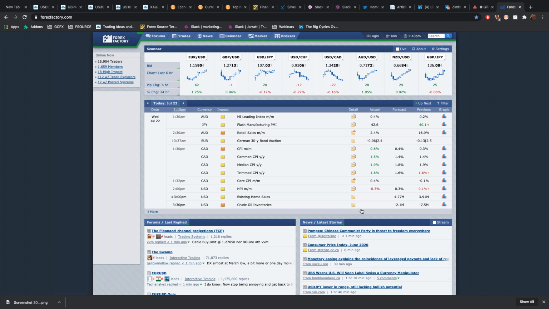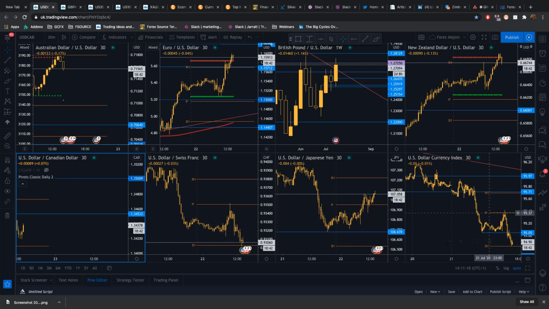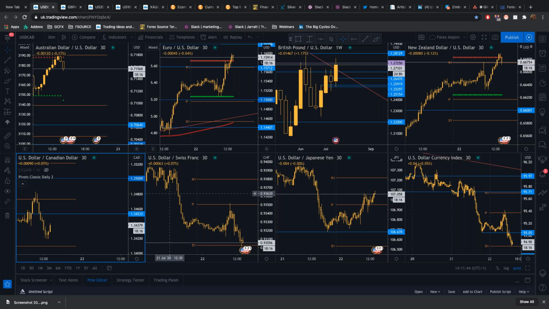Because we've got dollar weakness in the market at the moment, we only want to be trading the US dollar CAD if we get something that is bullish for the Canadian dollar. The bullish news for the Canadian dollar will be a draw in inventories. A minus 4 million, that kind of level, or even greater, minus 5, minus 6 million, will be bullish for oil and will be a US dollar CAD sell position.